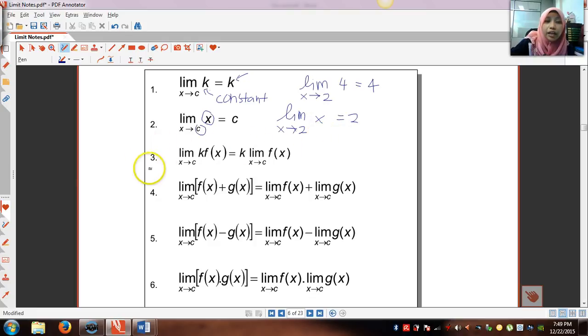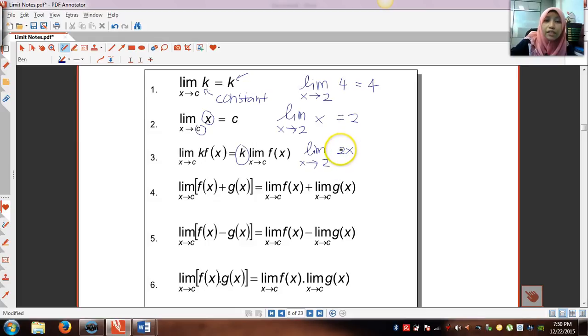So theorem number 3, we have a combination of the constant k and a function f(x). This theorem says that we can move or remove k outside the limit, right? So for example, we have the limit as x approaches 2 of 2x.